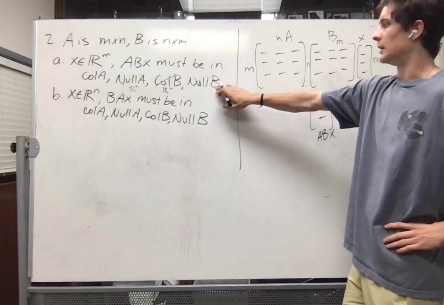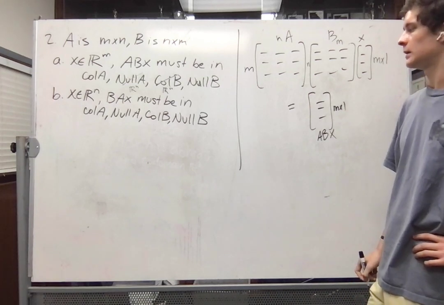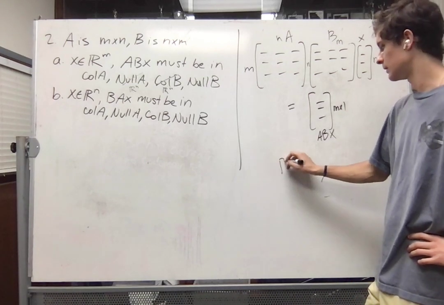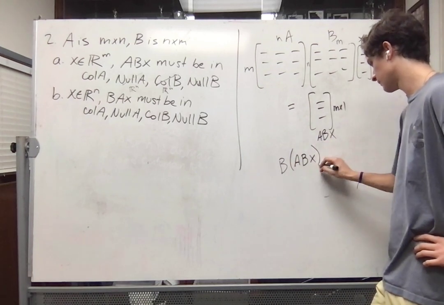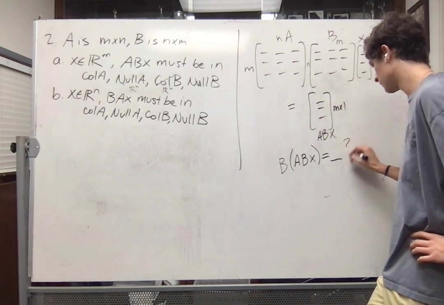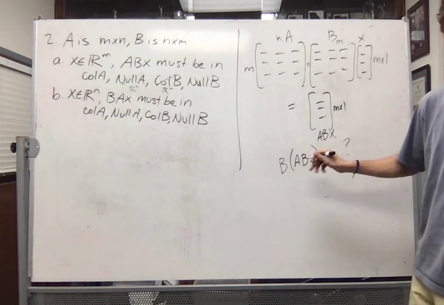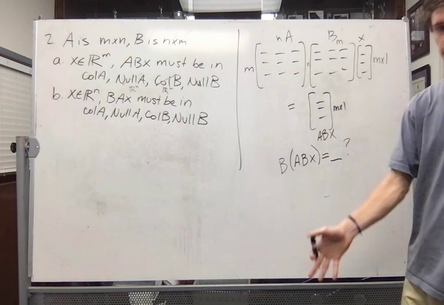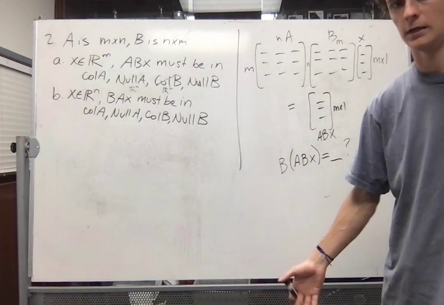Now null B: if ABx were in null B, that would imply that B times ABx equals what? And what is null B? Null B is vectors such that B times the vector is 0.